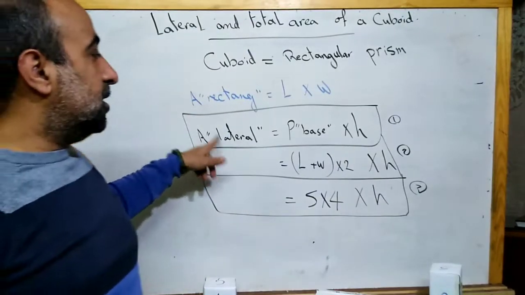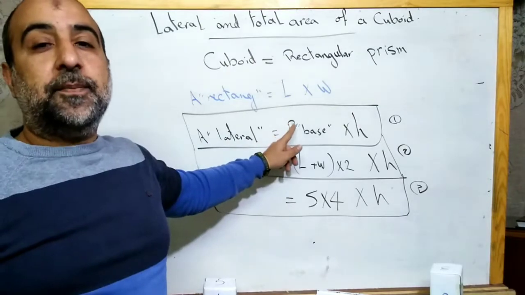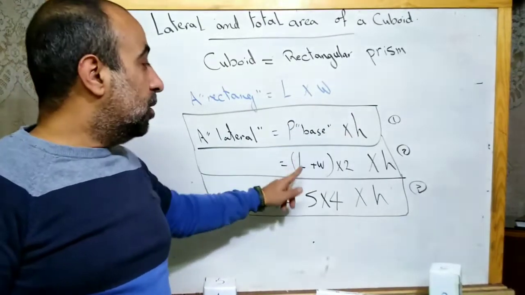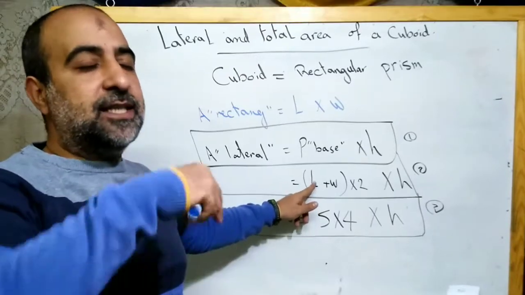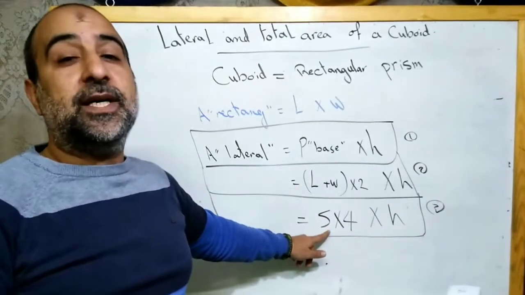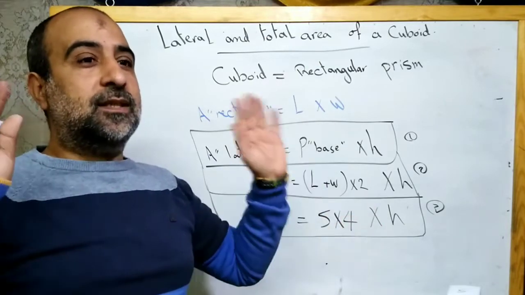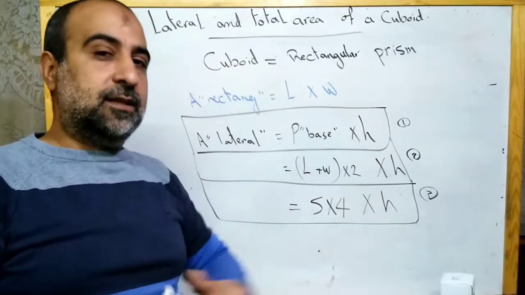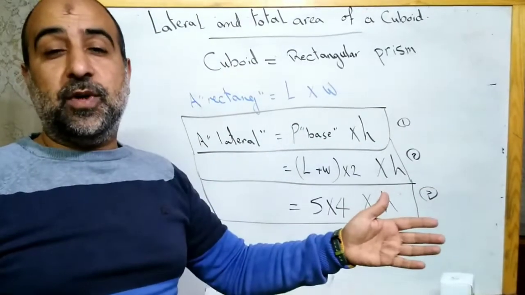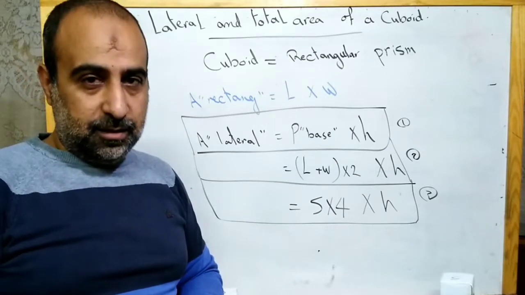To find the lateral area of the cuboid, find the perimeter of the base and multiply by the height, or use the perimeter of the rectangle, for a rectangular base, or of the square, for a square base. How can I figure out the shape of the base? He will tell us this in the exercise: the base is in the shape of a square, or it is in the shape of a rectangle.